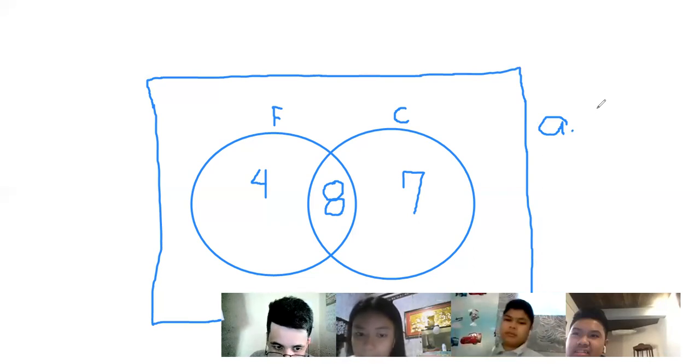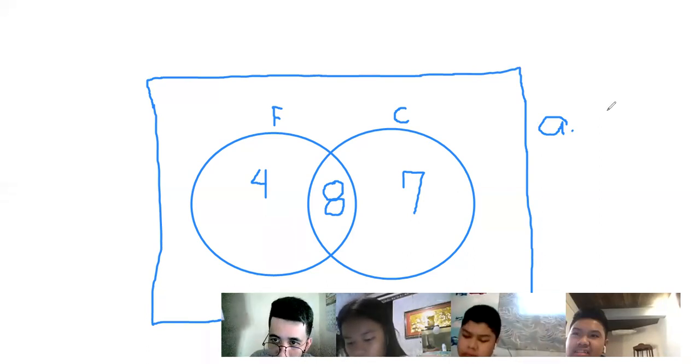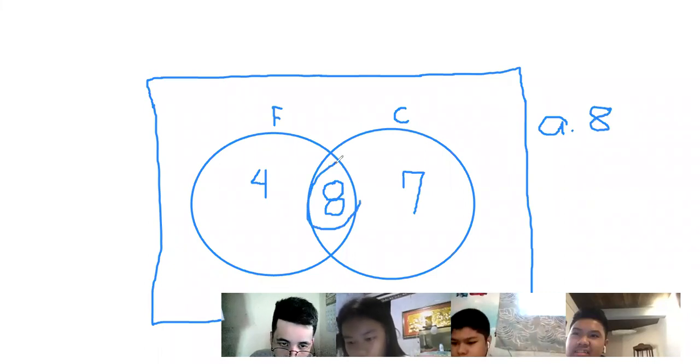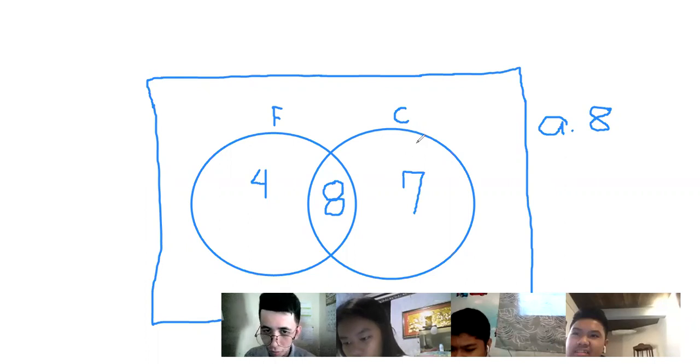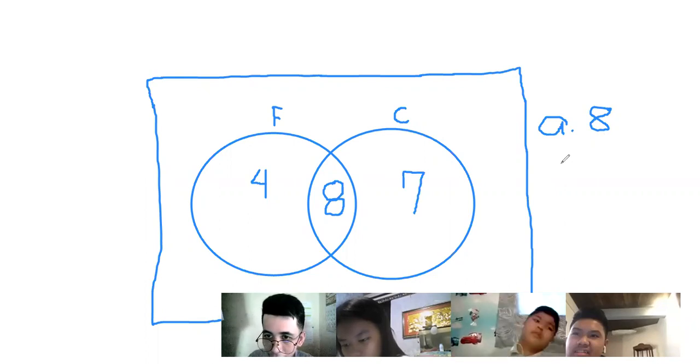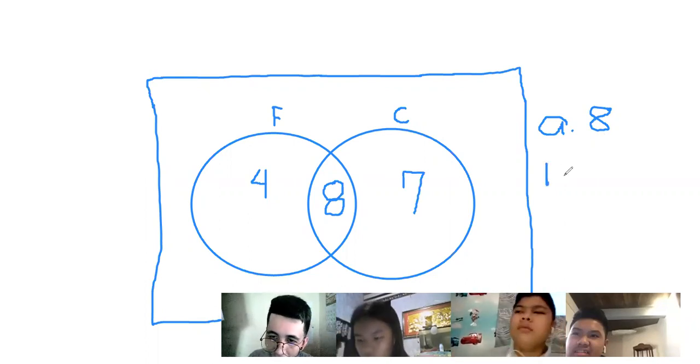Okay, very good. That should be 8. So look at the Venn diagram. This 8 prefer to choose French or Chinese language, isn't it? So the students who prefer both French or Chinese will be 8 students. Nalilito ba kayo?